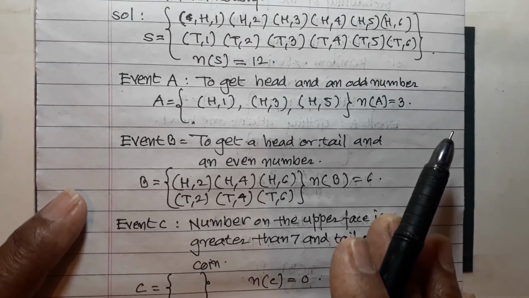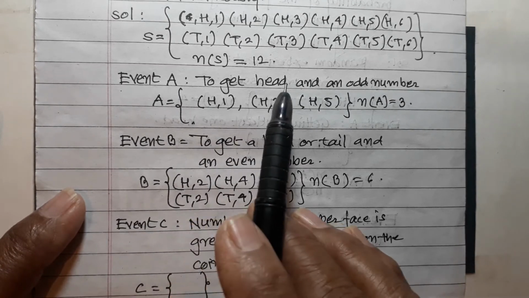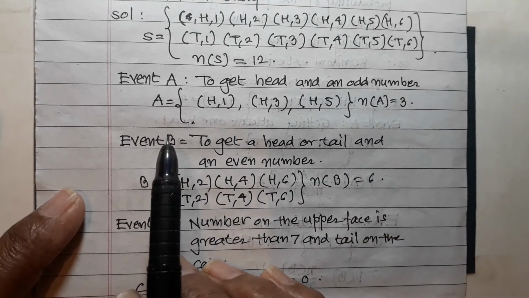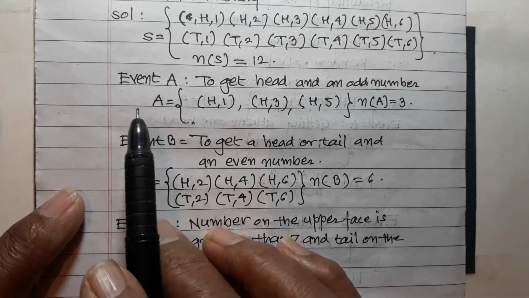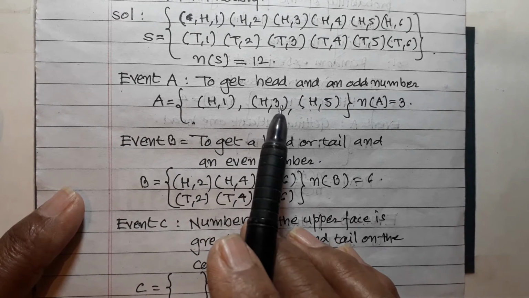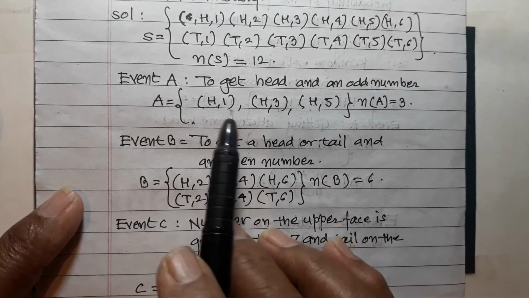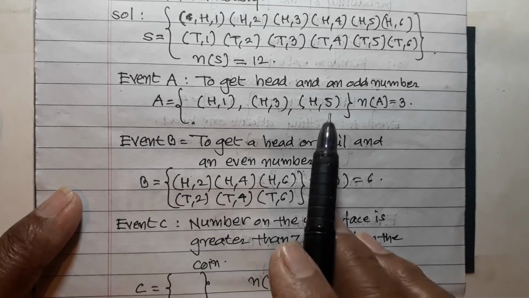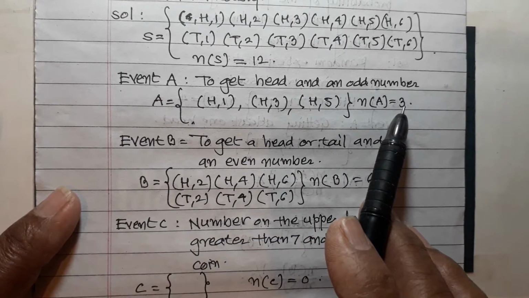Then some events are given. Event A: to get head and an odd number. So some possible outcomes are H1, H3 and H5. These are favorable to event A. So in all there are 3 and therefore n(A) is equal to 3.